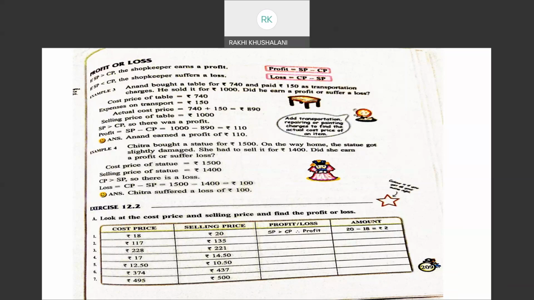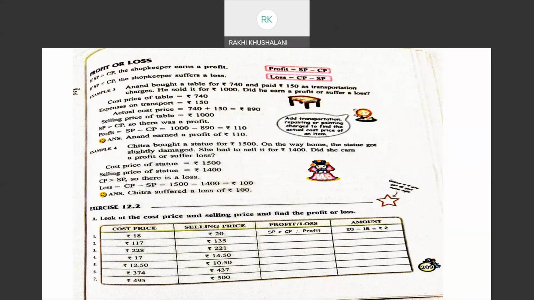So just take an example. What is given here, example 3. Anand bought a table for rupees 740 and paid rupees 150 as the transportation charges. I told you, obviously, he must have put it in a mini auto or something like that, and he paid him rupees 150. He sold the same table at rupees 1000.